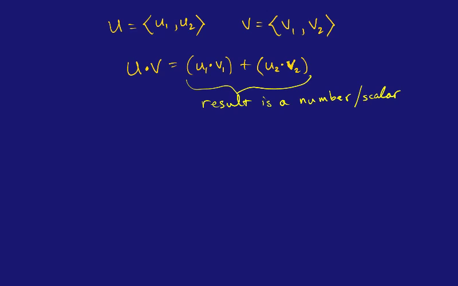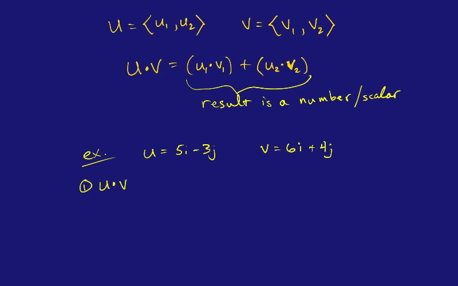So let's take these for example. Let's say that u is 5i minus 3j. Let's say v is 6i plus 4j. And those are our vectors in linear combination form. And so for question number 1, let's just do u times v.